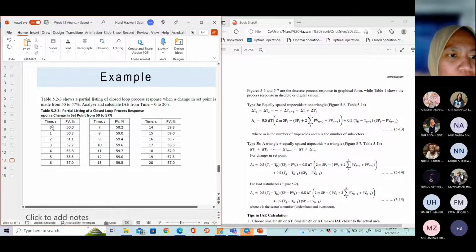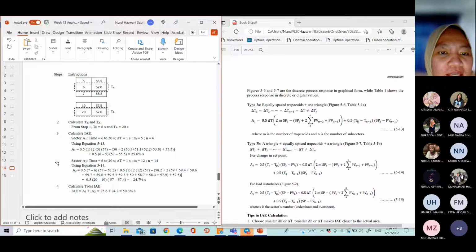Because your delta T is equal to 1, so 0 to 1 is 1 subsector, 1 to 2, 1 subsector, 2 to 3, 1 subsector, 3 to 4, 1 subsector, 4 to 5, 1 subsector, 5 to 6 is the other 1 subsector. So you will have how much subsector? 6 lah. Okay, so here we can see that N equal to 6 lah.